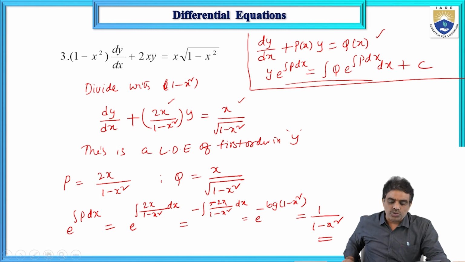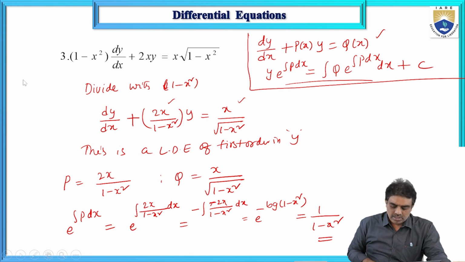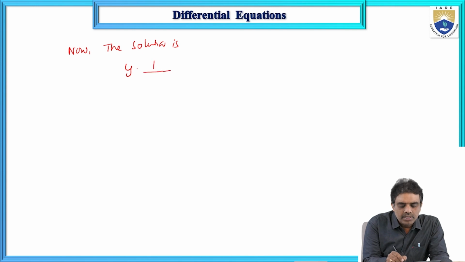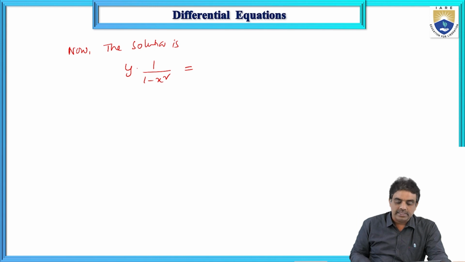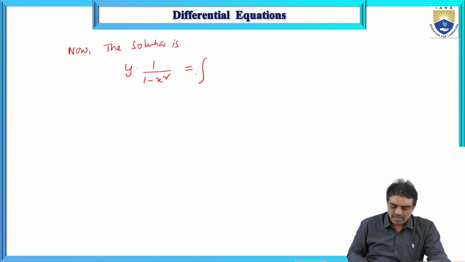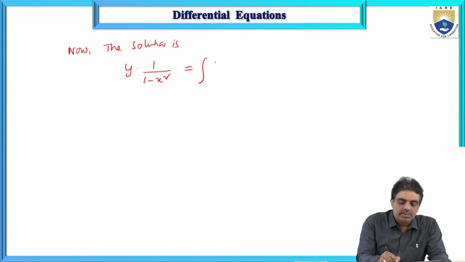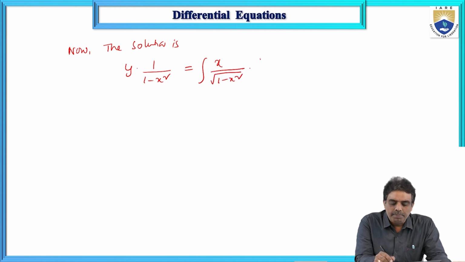So e power integral p dx evaluated, the value I observed as 1 by 1 minus x square. Now I want to write the solution. What is the solution? The solution is y e power integral p dx, that is y times 1 by 1 minus x square, is equal to integral of q, x by root of 1 minus x square, times e power integral p dx.